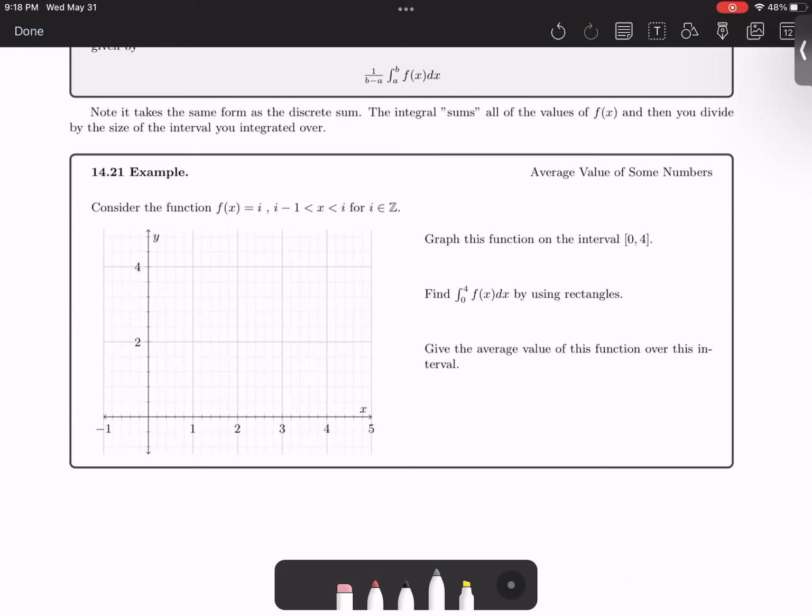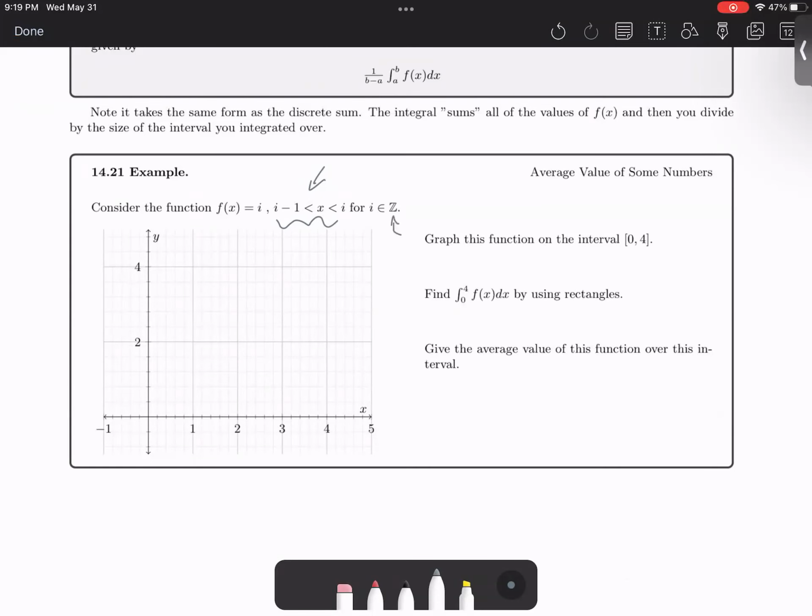Well, actually, for this function, it can be solved discretely, but the average value function, so this definition right here, can be used to find the averages of continuous, smooth, curved functions. But let's work on this one. So this function returns the value of i over the interval i minus 1 to i, for i in ℤ.